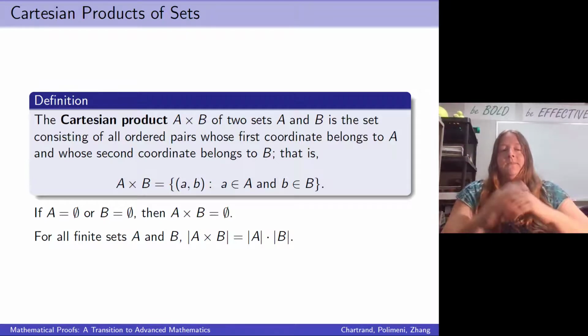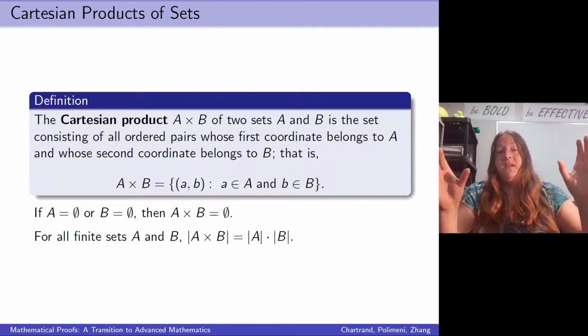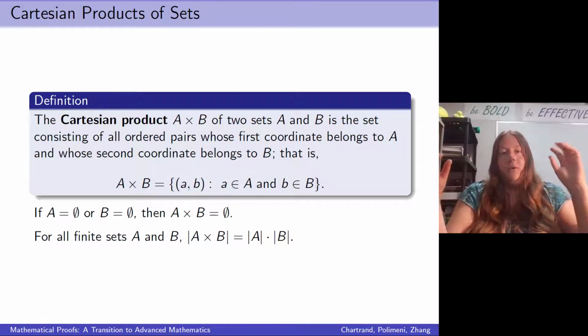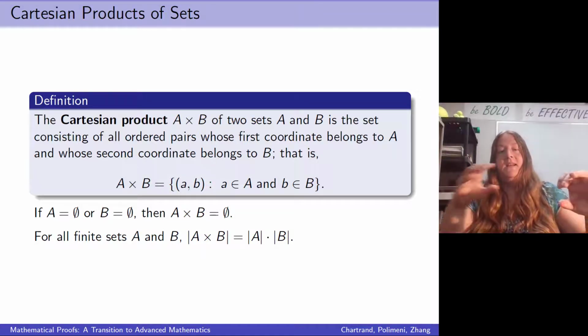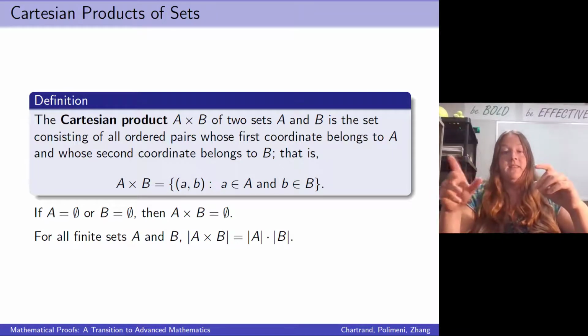All right, so the Cartesian product of 2 sets. I take a set A, I take a set B, and I write an ordered pair where the first thing came from the set A and the second thing came from the set B. That's all it is. The order of these pairs matters because it tells you which set things came from.